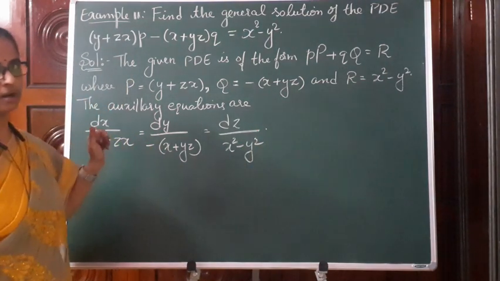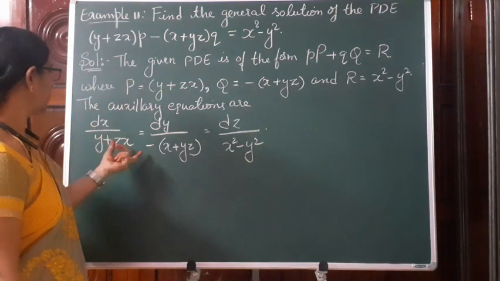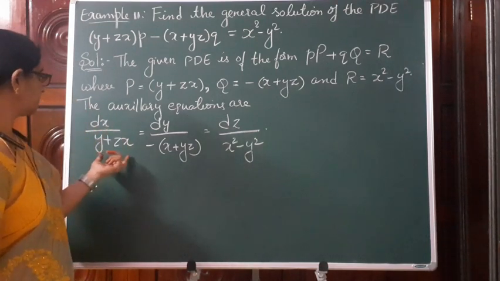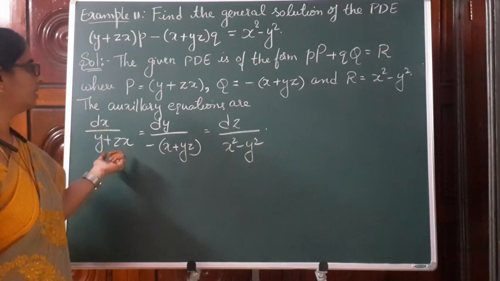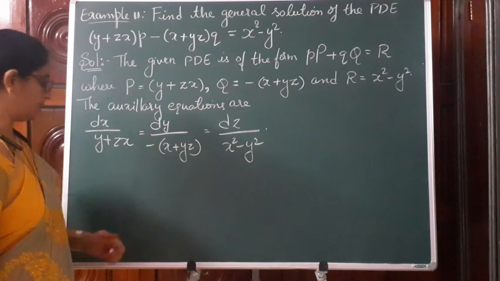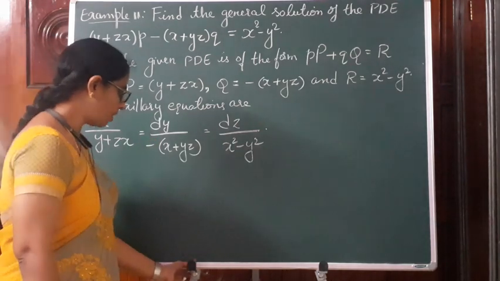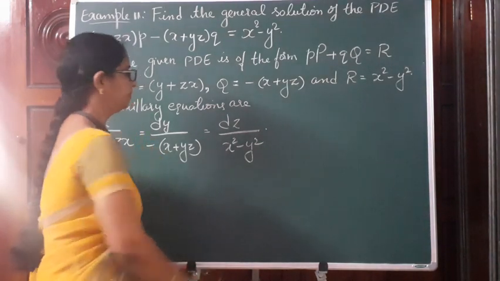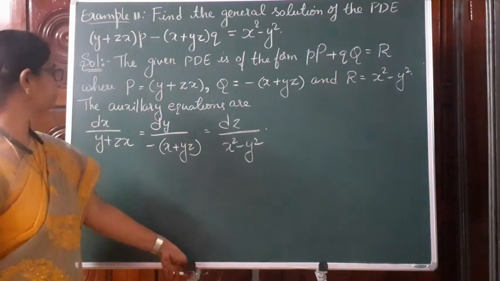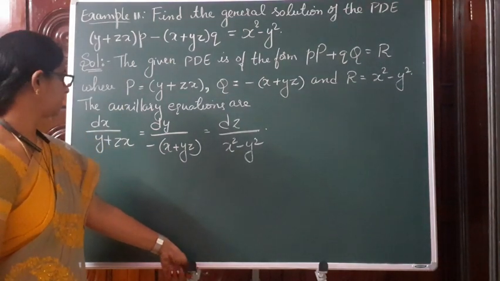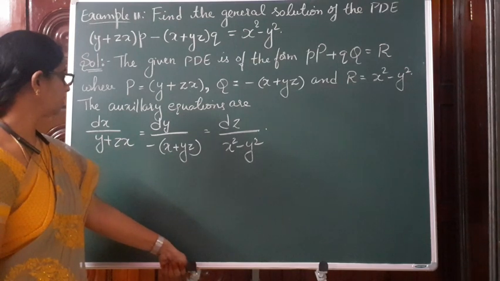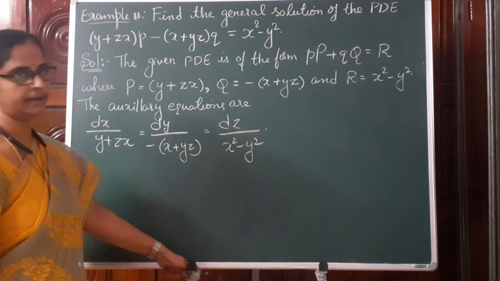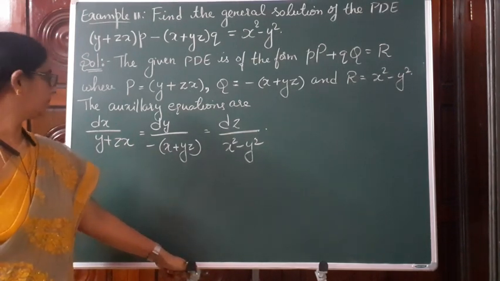So these are auxiliary equations for the given PDE. Now from this auxiliary equation we have to obtain two independent solutions either by grouping or by using multipliers. So first let us check whether we can group any of the two terms and obtain at least one solution. If not, we go for multipliers.